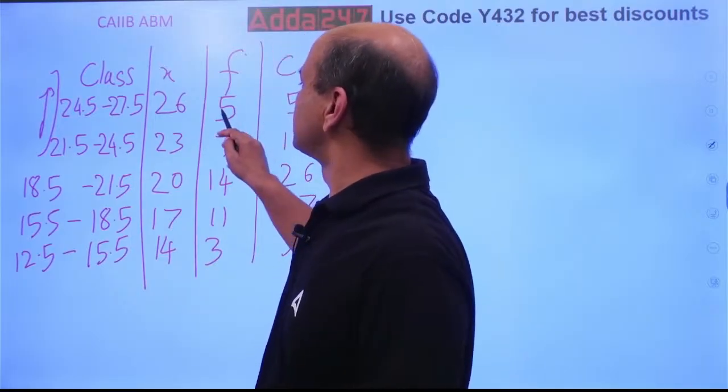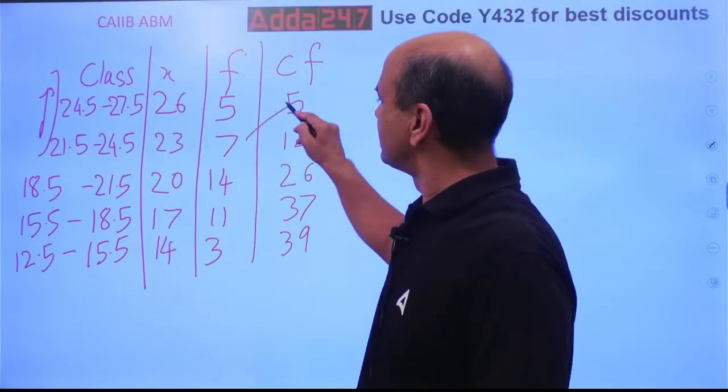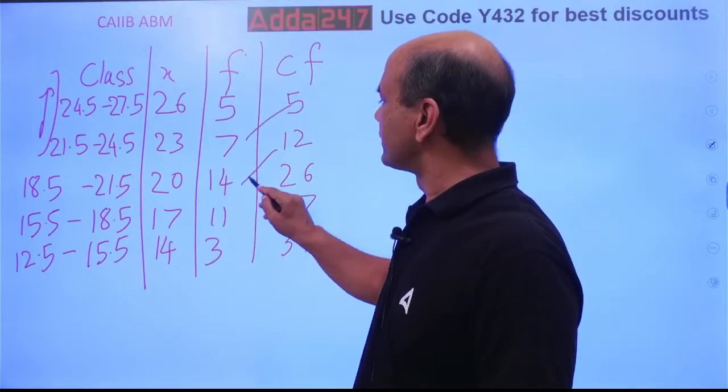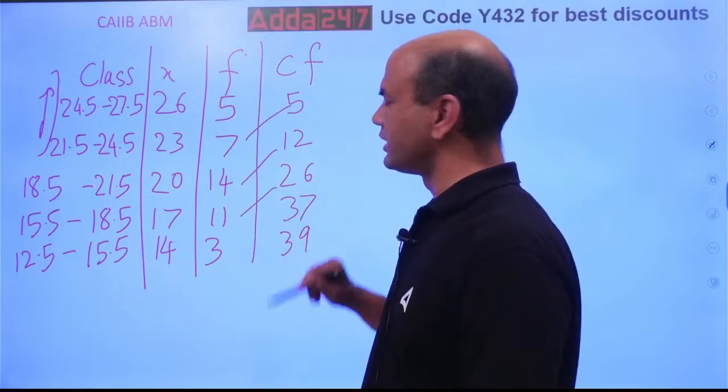Cumulative frequency means just go on adding. 5, 5 plus 7 is 12. 12 plus 14 is 26. 26 plus 11, 37. 37 plus 3, 39.